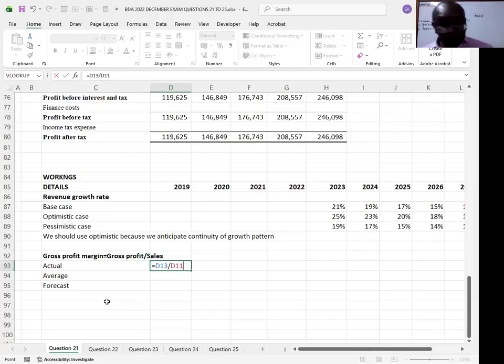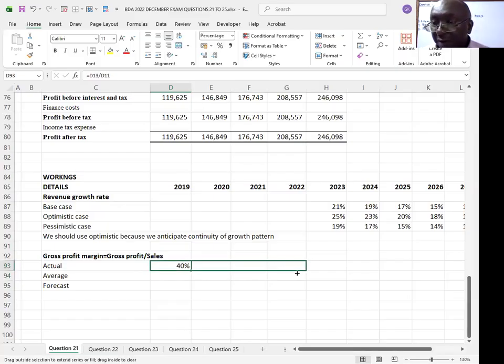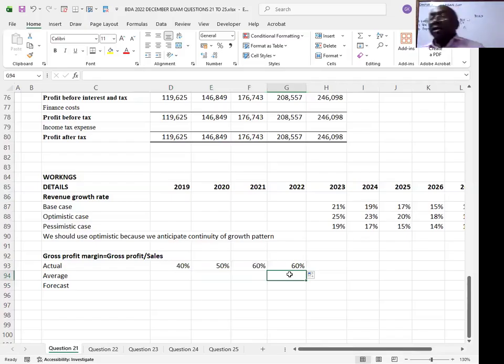Someone else? Yeah, good. So I convert it into percentage. Then we autofill mpaka hapa kwa 2022 hivyo. Then we come here and get the average.